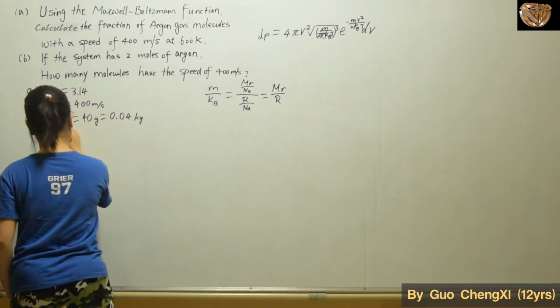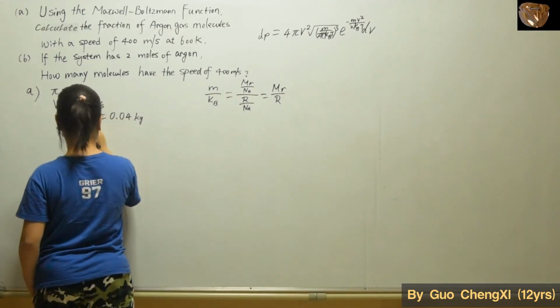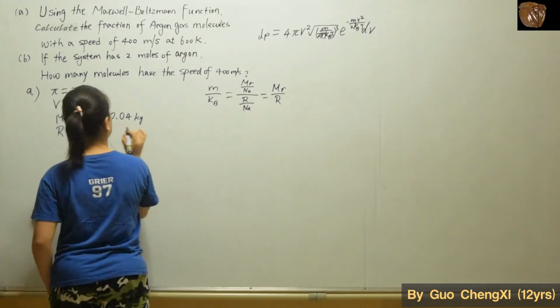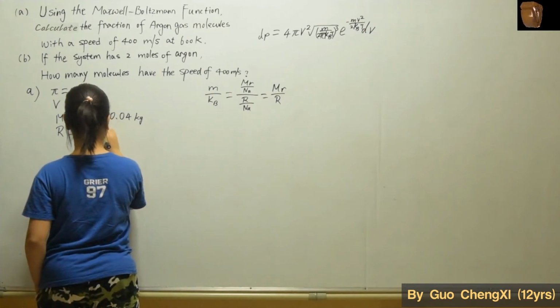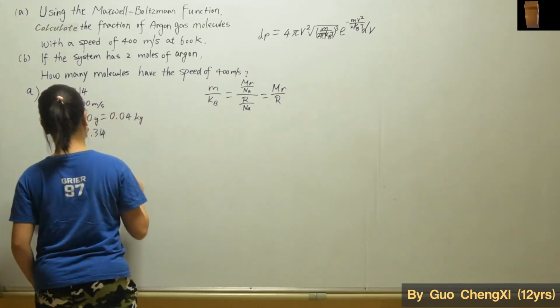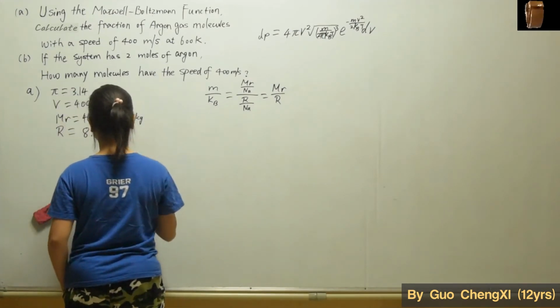Then after that, for R, the ideal gas universal constant, it is going to be 8.314. I am not going to say the rest of it because we aren't going to use that much. So 8.314.